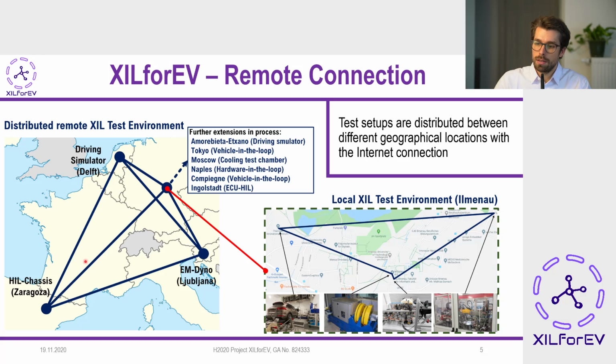Communication tests on this are ongoing, and we also have further extensions in process that you can see here. The participating platforms in this case are connected using Cisco site-to-site VPN tunnels, which allows us safe and encrypted communication between all the platforms.